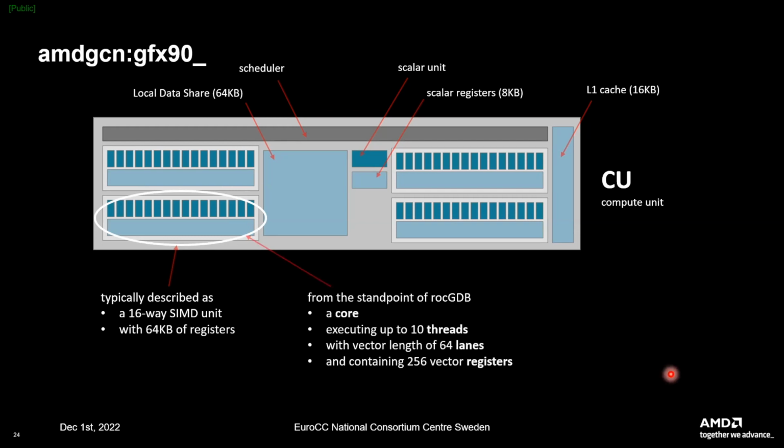Now, from the point of view of ROCgdb, each of those SIMD units can become a core. That entire SIMD is basically a core with a vector length of 64 lanes, and it can execute up to 10 threads, containing about 256 vector registers inside of it. So this is what you can think of the hardware from a ROCgdb standpoint.